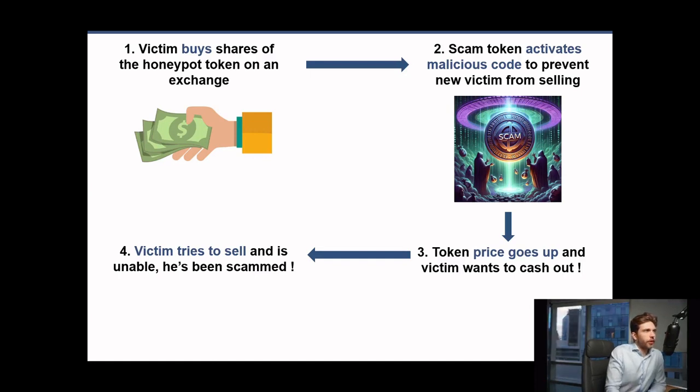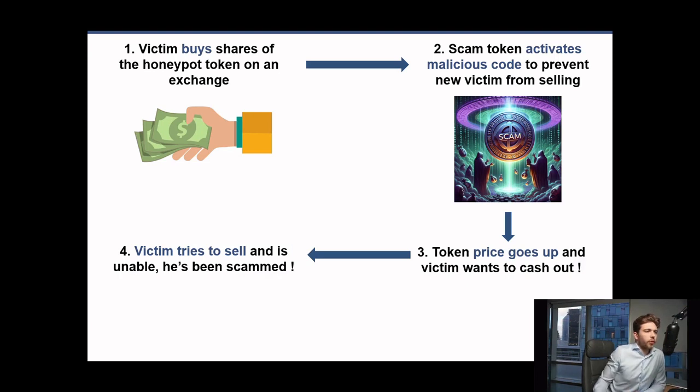All right, so let's go over an example of a honeypot. The first step is we have a victim that buys shares of a honeypot token on an exchange. After that, the scam token will automatically activate malicious code to prevent the new victim from selling. And then the token price will go up. It's going to go up 20%, 40%, 70%.